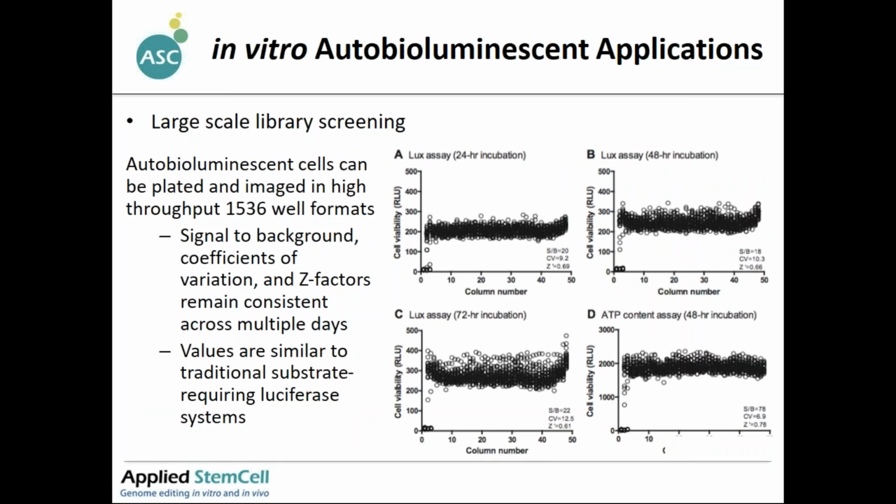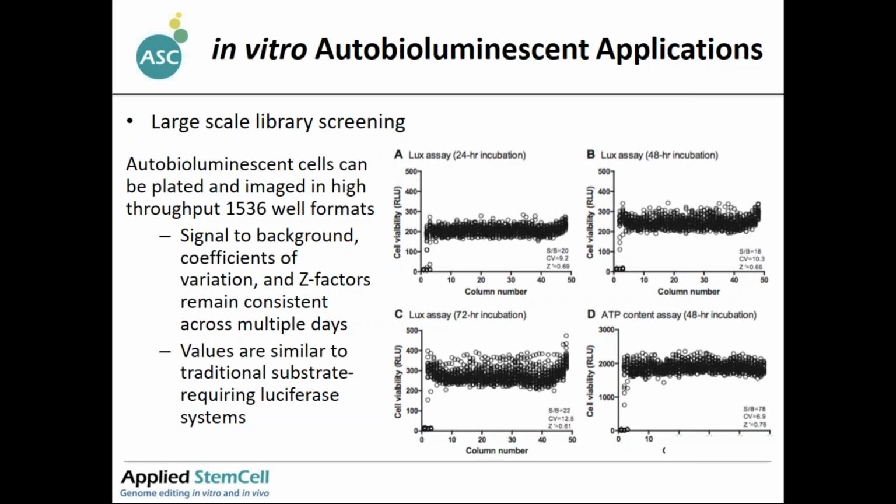The reduction in cost and complexity is really obvious for a large-scale library screen. When you have thousands of compounds to test, you would want to do an ultra-high throughput 1536-well plate, but you don't really know which time point is the best to look at. With a traditional bioluminescent assay, you would have to prepare multiple 1536-well plates to look at different time points.